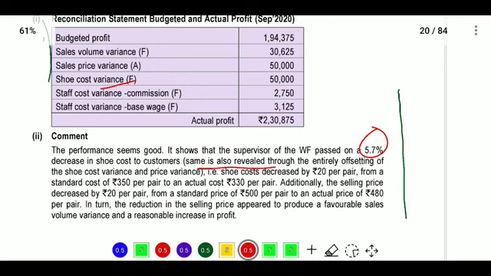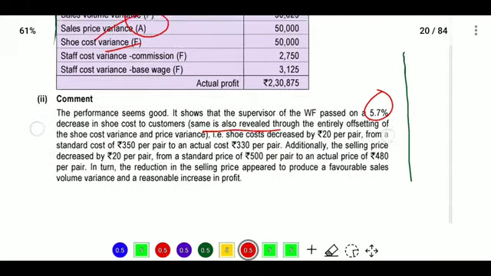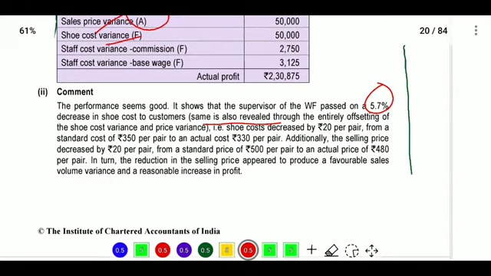Next, additionally, the selling price decreased by 20 rupees per pair, 500 rupees for actual price against the standard price. When our selling price decreases, it is not favorable, so we have taken the adverse case. Next, the reduction in the selling price appears to produce a favorable sales volume variance, reasonably increased.